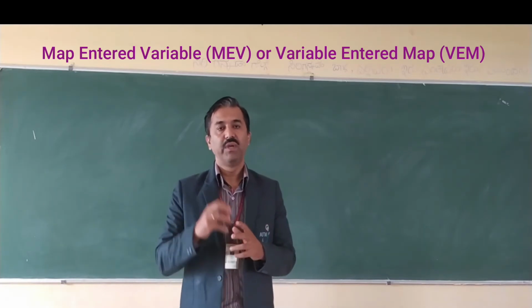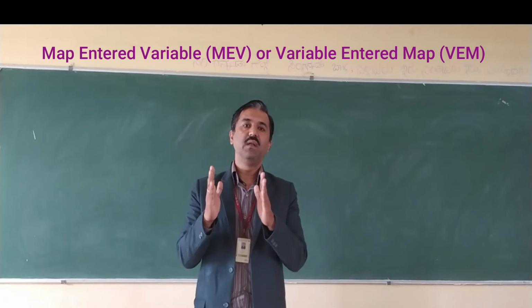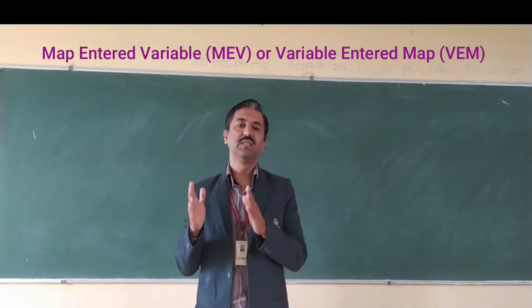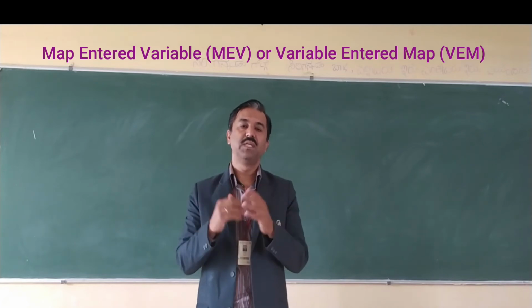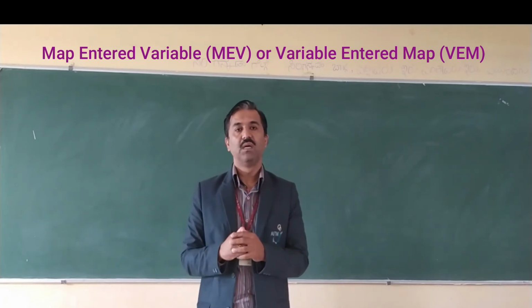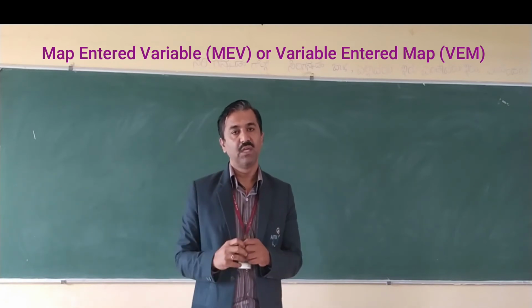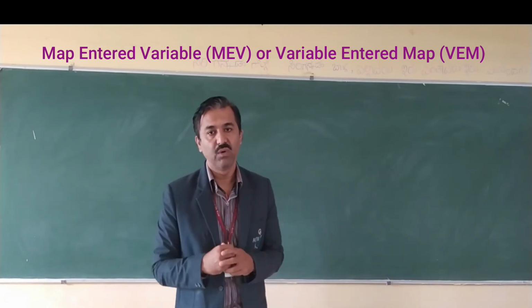So we can represent a 4 variable function using 3 variables, or take an example of a 3 variable function and represent it in a 2 variable map. Exactly how do we do that? We have a certain set of rules and regulations. That is what we are going to see.